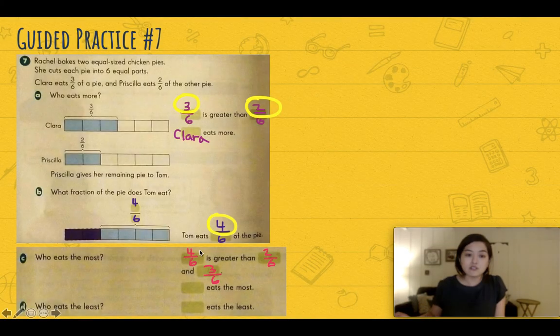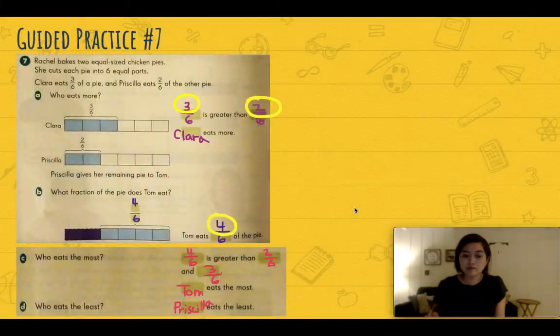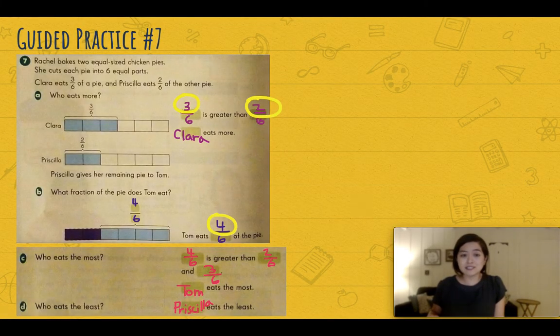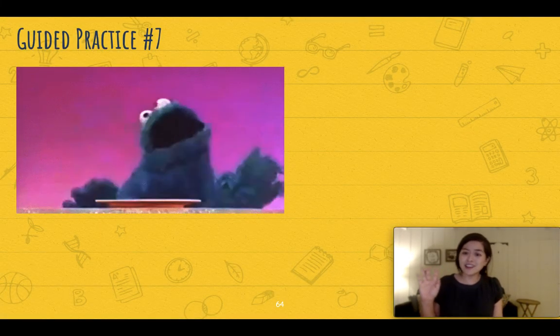Okay, so 4/6 is greater than 2/6 and 3/6. Tom eats the most because he eats 4/6 of the pie. Who eats the least? Which one is the least numerator, 3 or 2? It's 2. So that's Priscilla. Priscilla eats the least. All right.